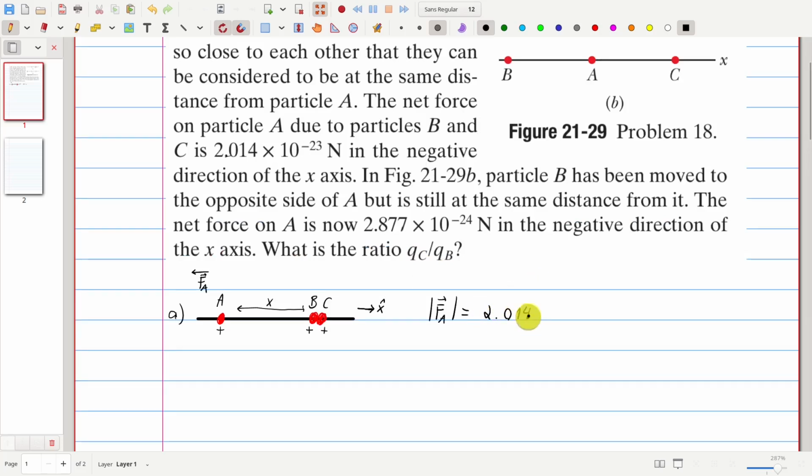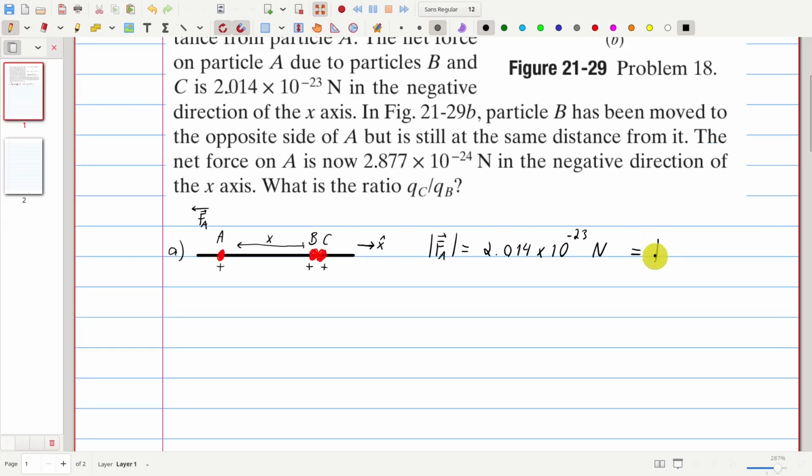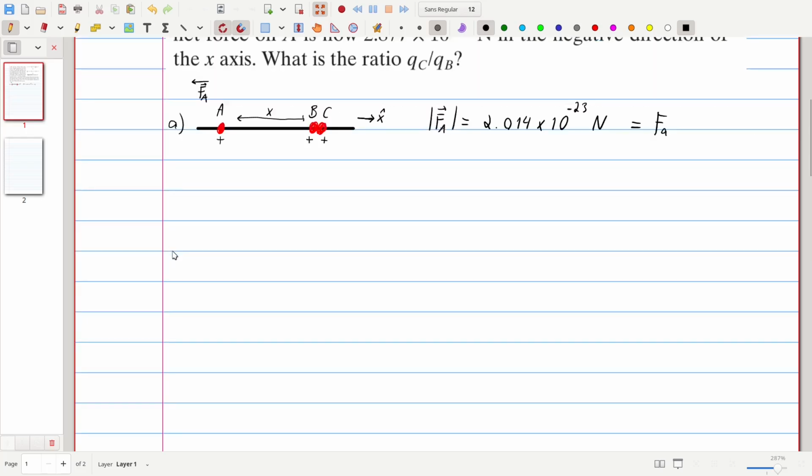The absolute value of the electrostatic force is given in the text. Let's call it Fa. Now let's apply Coulomb's law to each force.